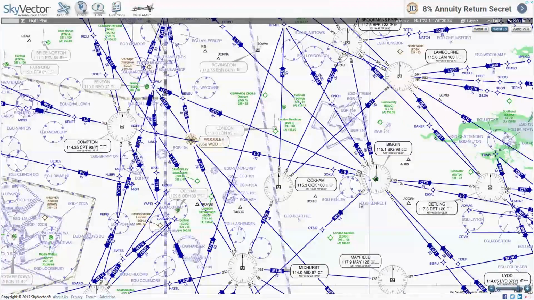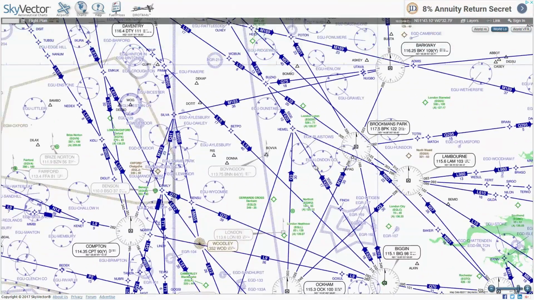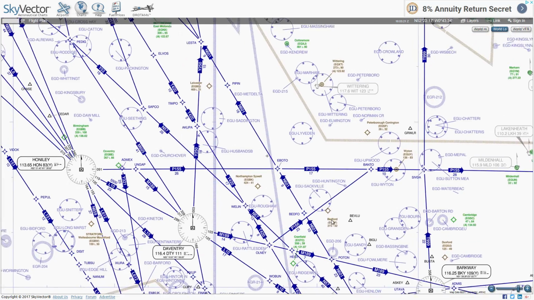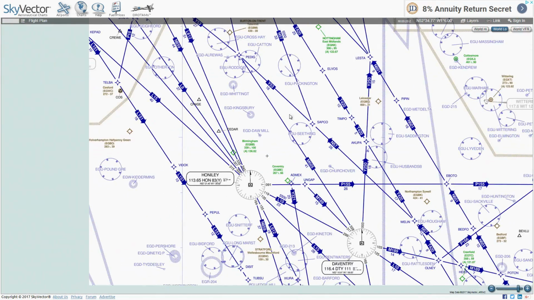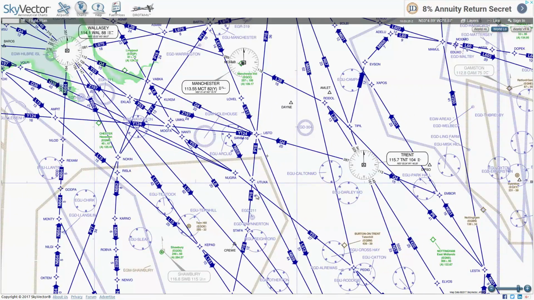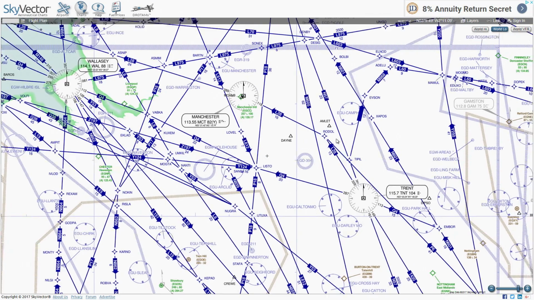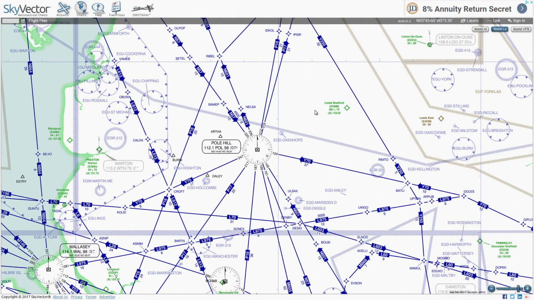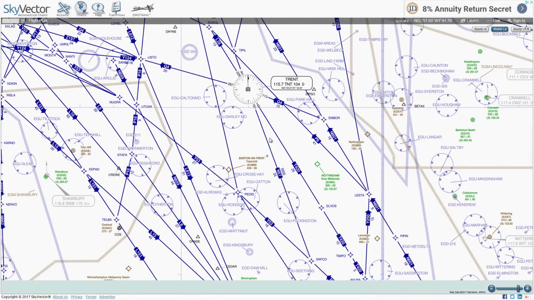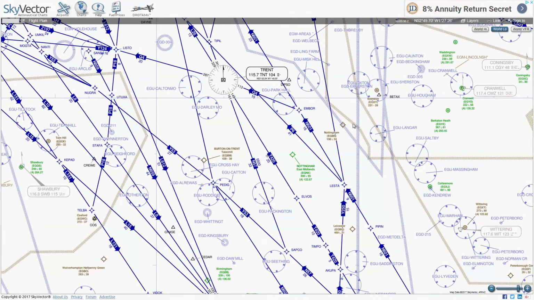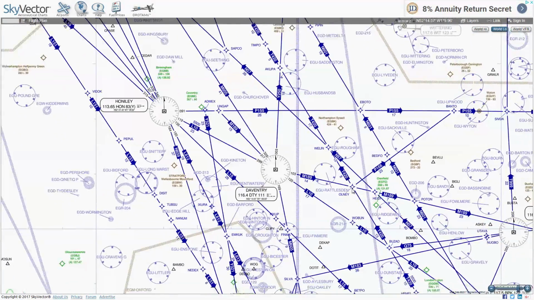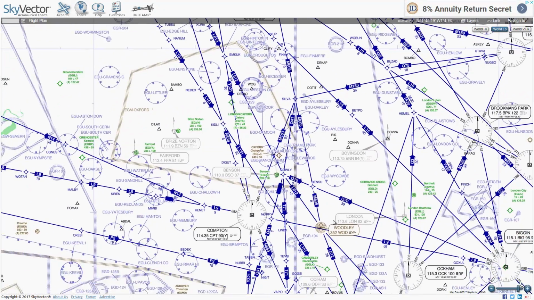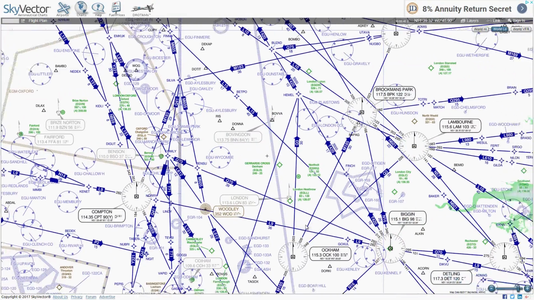We don't have to go too far up to find another very busy airport. We have a lot of airports that are very, very busy, and a lot of congestion in our airspace. So that's why I've decided to show you London Heathrow, because it has interesting approach procedures and an interesting STAR.